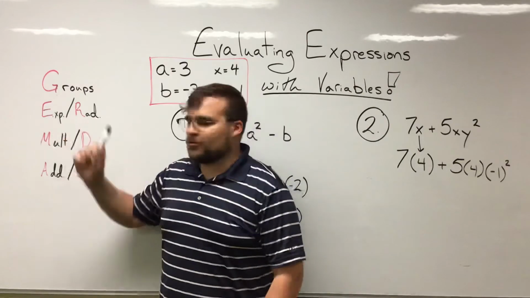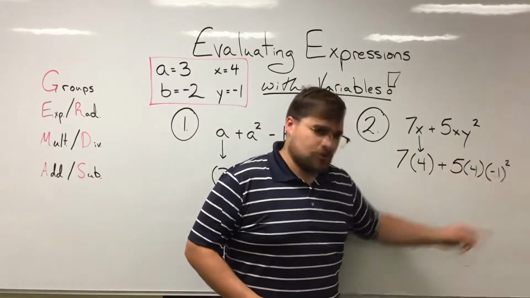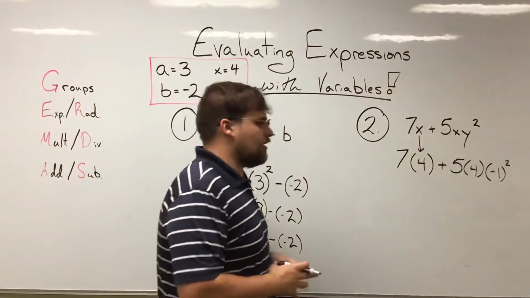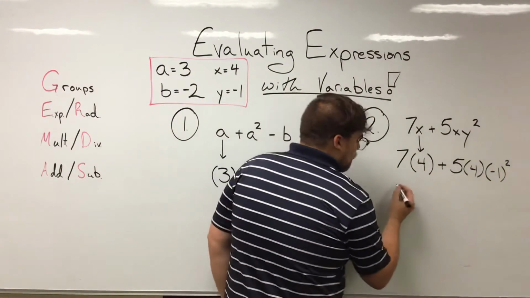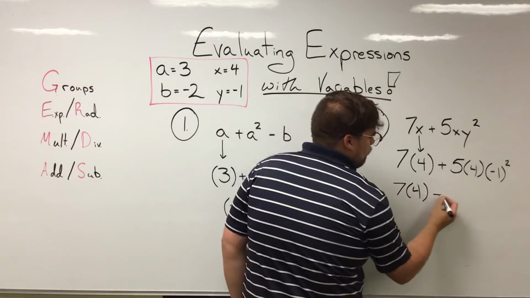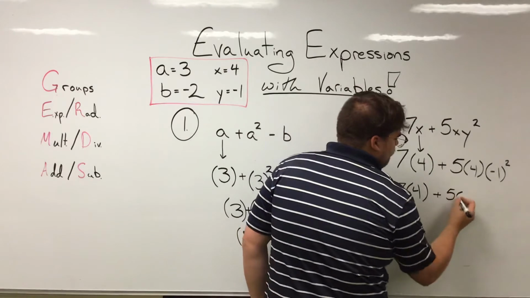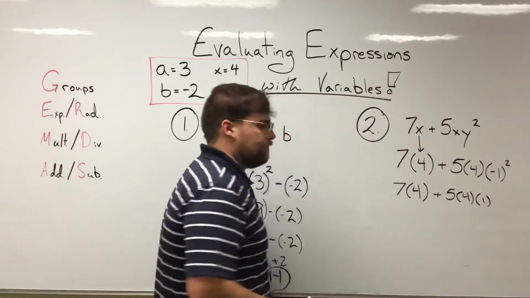Do we have any exponents or radicals? That we do. We have a negative 1 squared. Negative 1 squared, what's that? Negative 1 times negative 1? Well, that's going to be positive 1. So this is going to look like 7 times 4 plus 5 times 4 times 1.